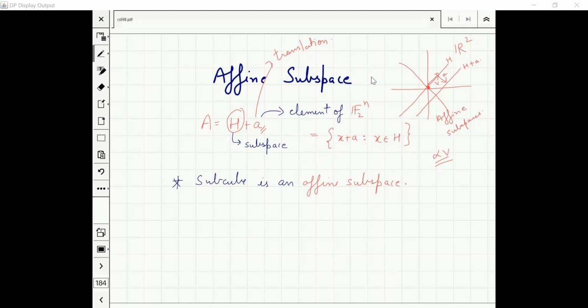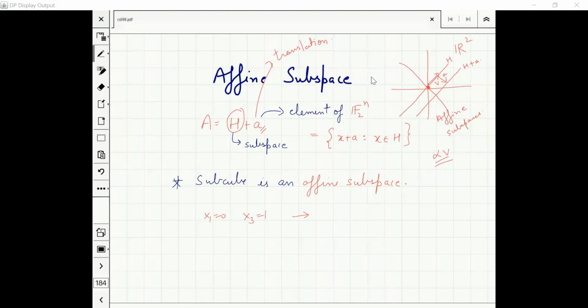Suppose I set x1 equal to 0 and x3 equal to 1. Now the set of inputs which I will get is an affine subspace. What is the subspace and what is the translation? Basically, x1 set to 0 will be the subspace, and x3 will be the translation.